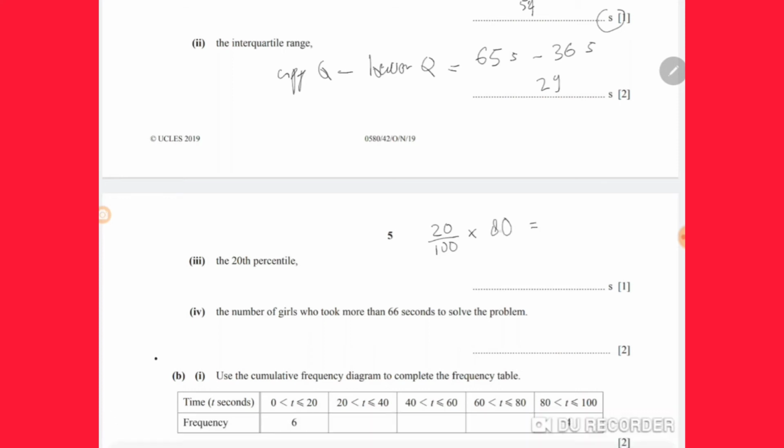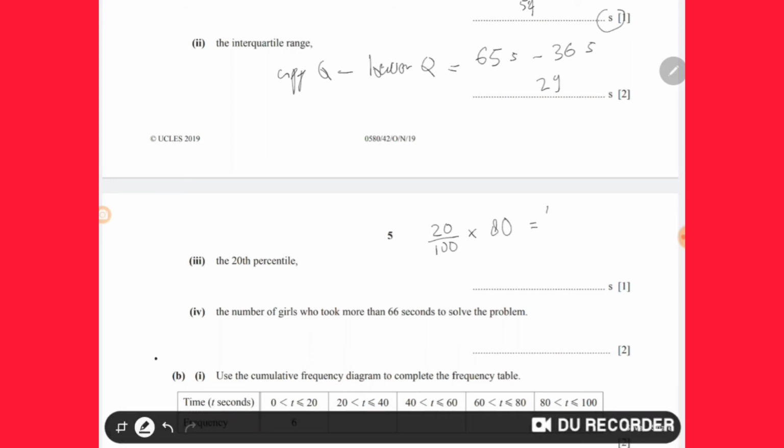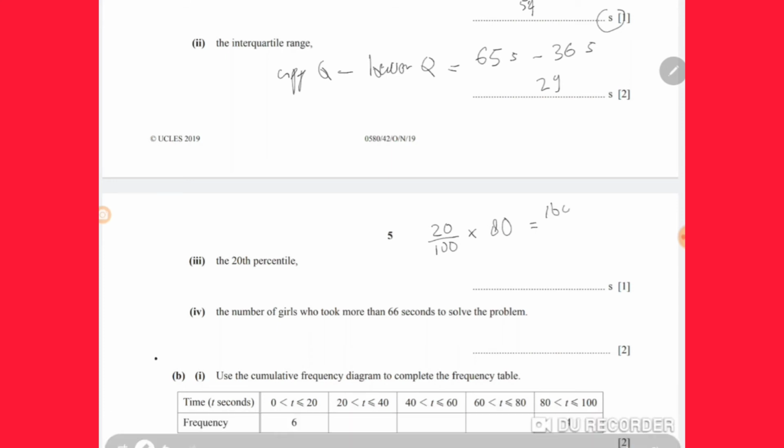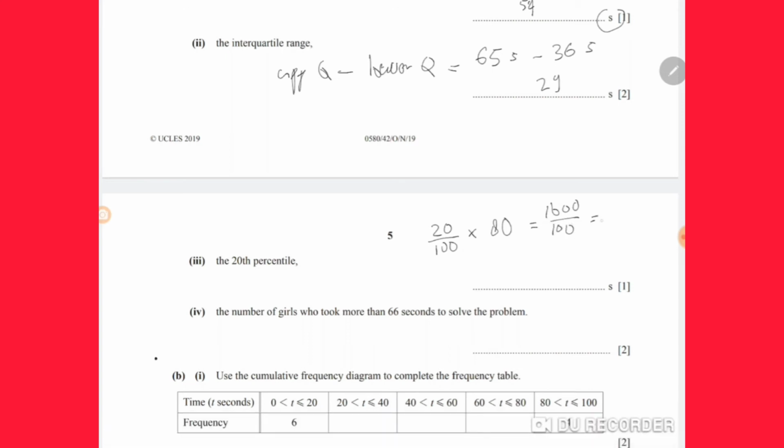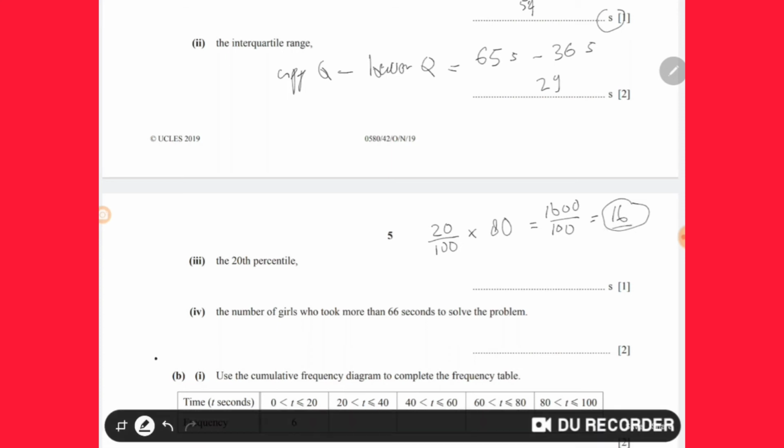So it means 1600 over 100, so you have 16. So in the cumulative frequency, at 16, it represents the 20th percentile data.